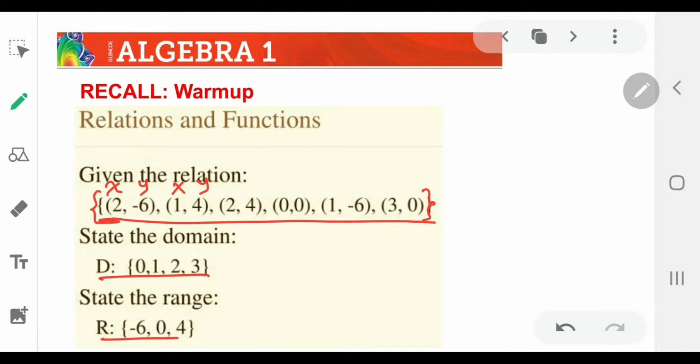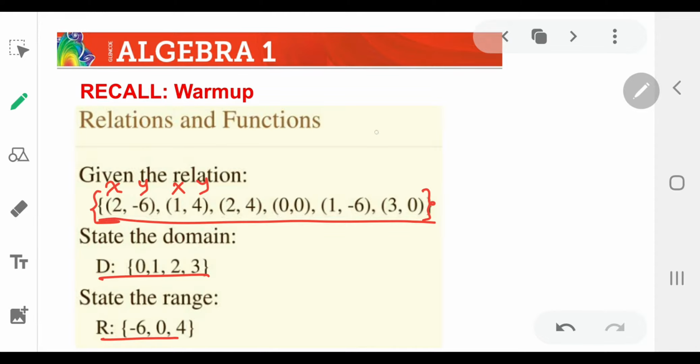Again, one way to represent a relation is using this notation, called ordered pairs, with two curly brackets, and in the middle we have the ordered pairs.